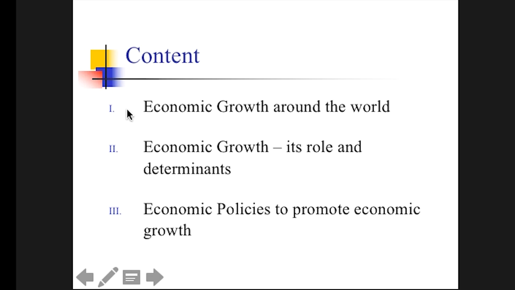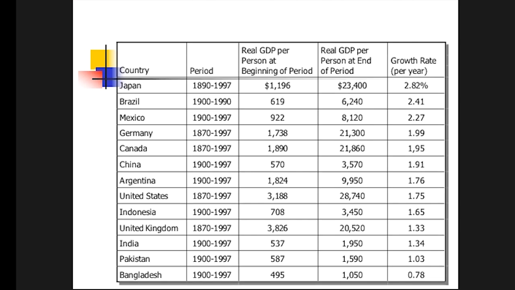First of all, please read and find the information about economic growth around the world. You may search the internet to find this. It may be seen from GDP or GDP per capita.